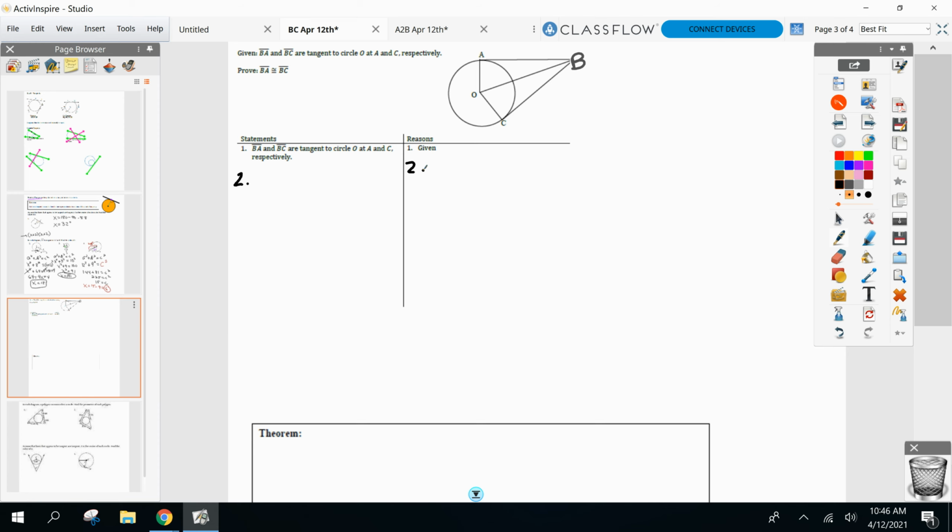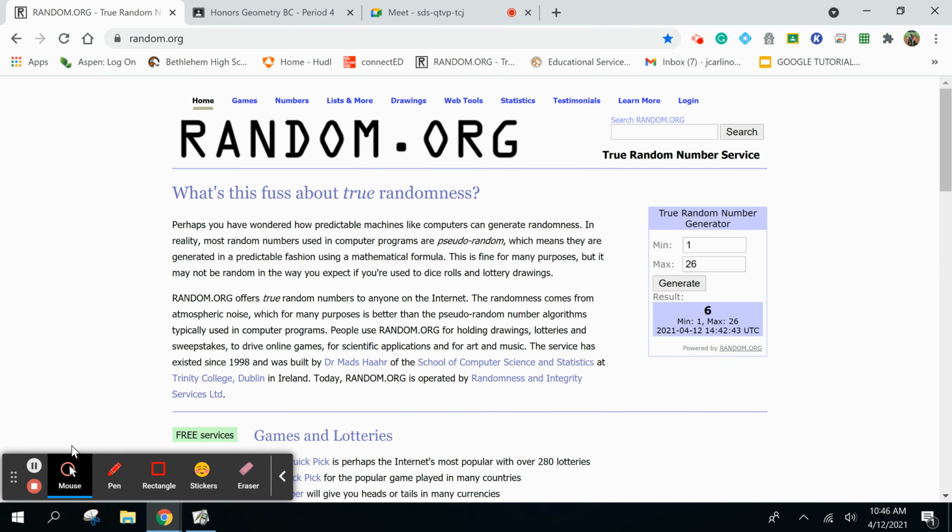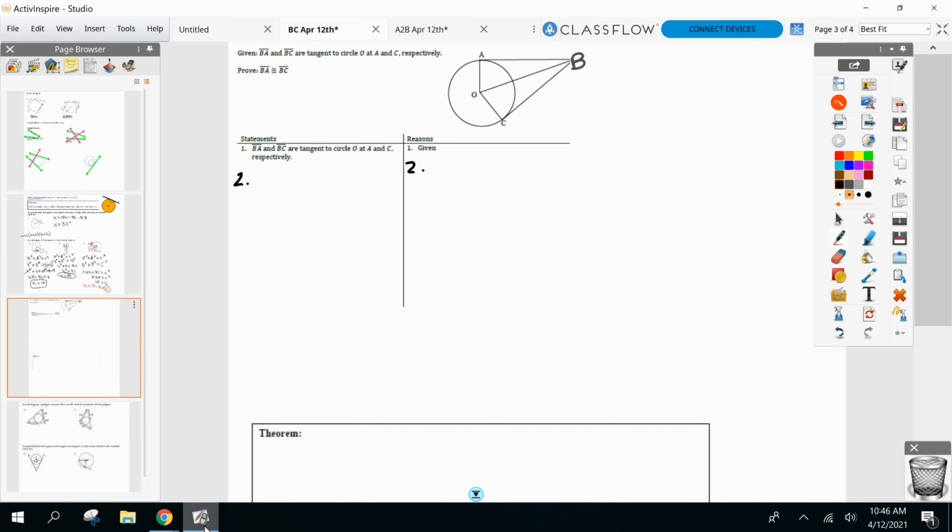All right, let me open it up. Anybody see anything you can tell me is true about this diagram? Ellie, anything you see is true here? Radii AO and OC are congruent. Nice. Good start. I like it.